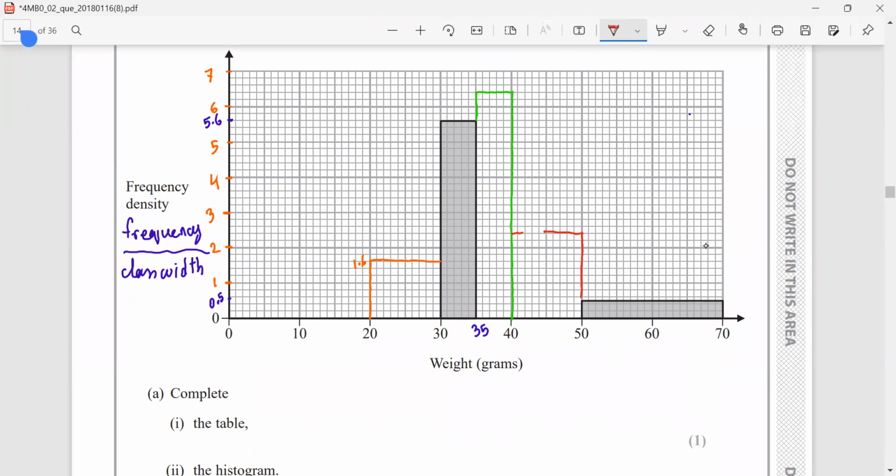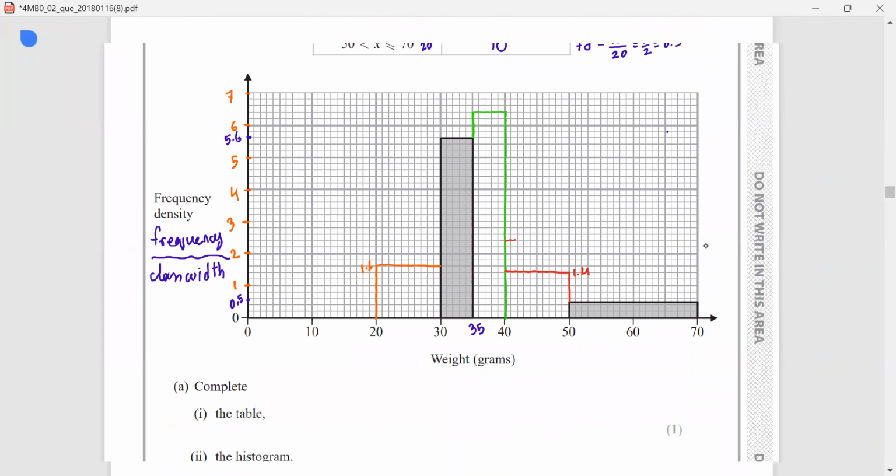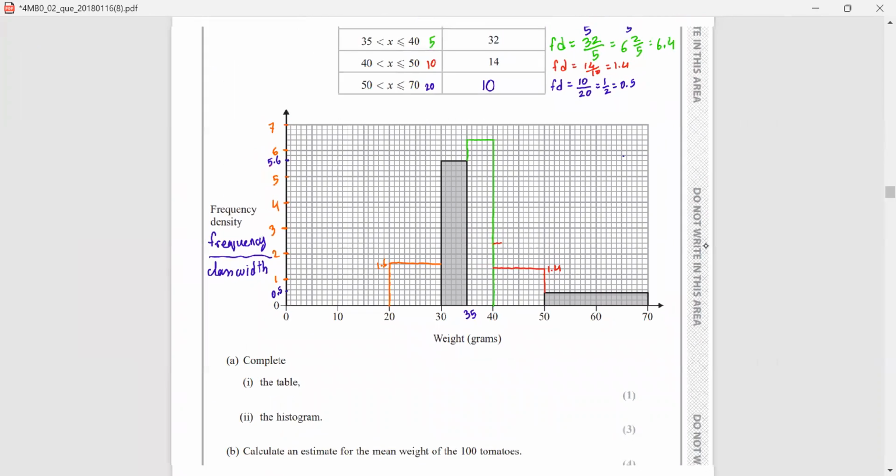Sorry, this is 2.4 I am drawing. Our height of the bar will be 1.4. This is our 1.4. So we have completed the histogram.